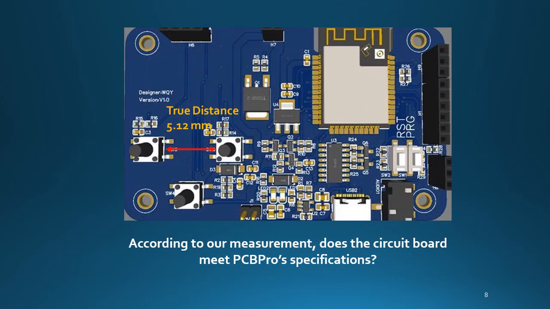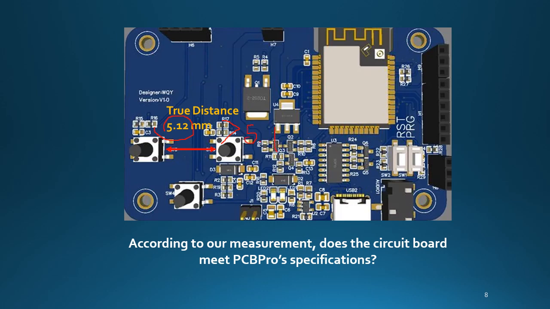So how about this board? According to our measurement, does the circuit board meet PCBA Pro's specification? We see here that the measured value is greater than the upper spec limit.